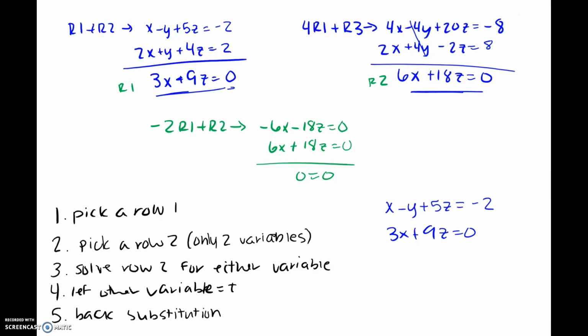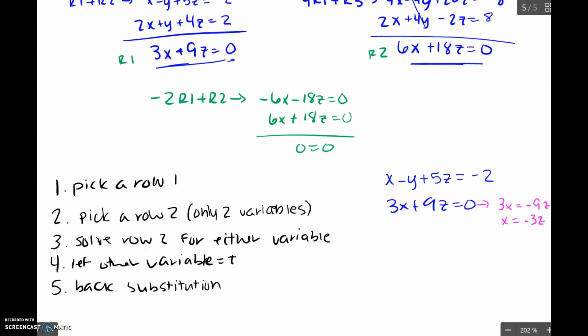Solve row 2 for either variable. I want to solve it for x so that I don't have fractions. 3x equals negative 9z, so x equals negative 3z. I've solved it for one of the variables, and now I let the other variable equal t.